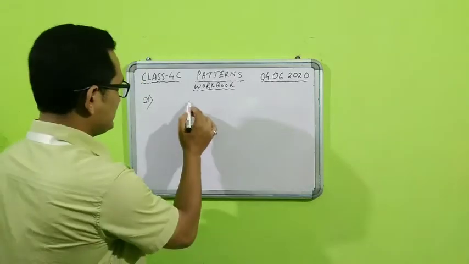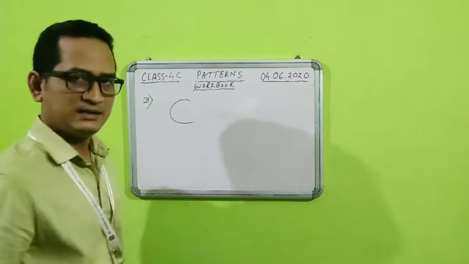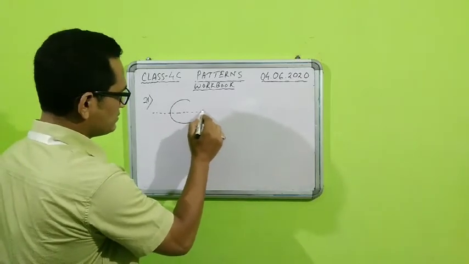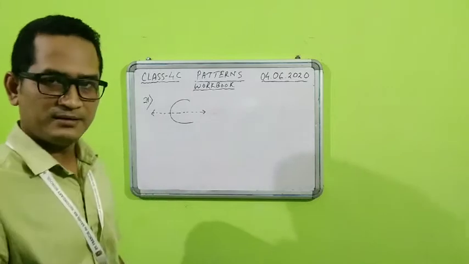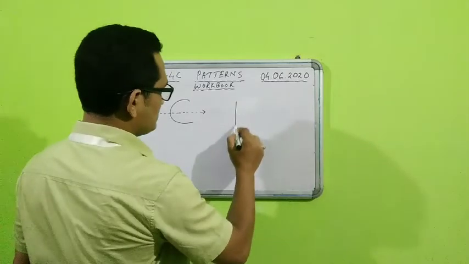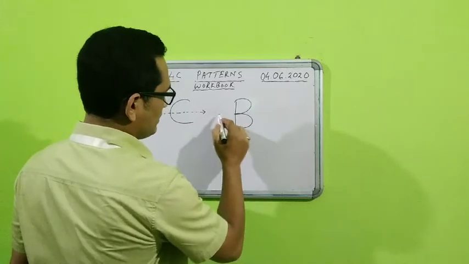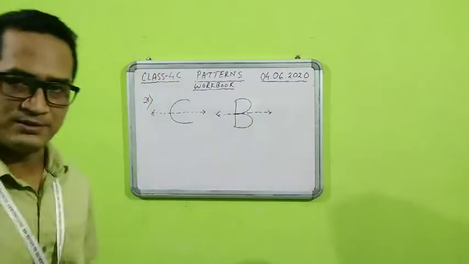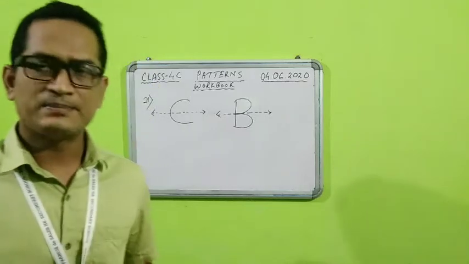We can draw the letter C, because letter C will have a horizontal line of symmetry like this. Fine. And one more, you can draw the letter B. B will also have the horizontal line of symmetry.